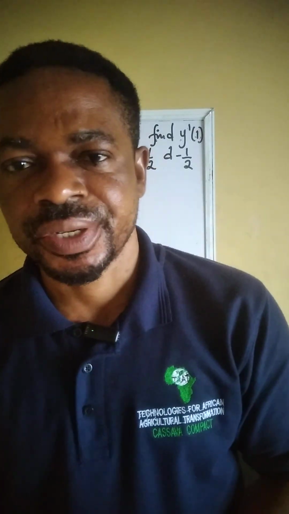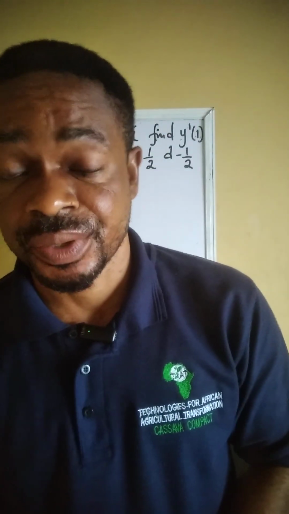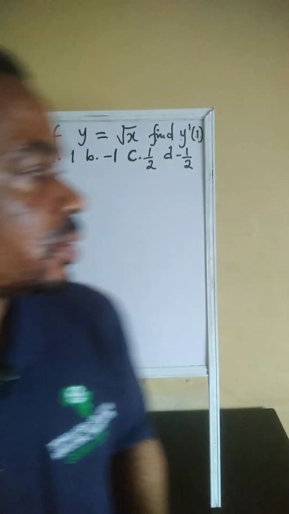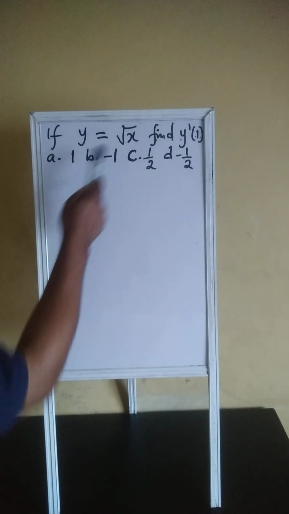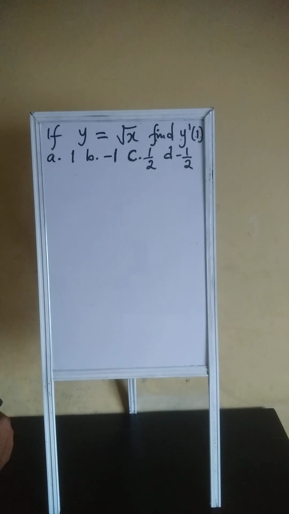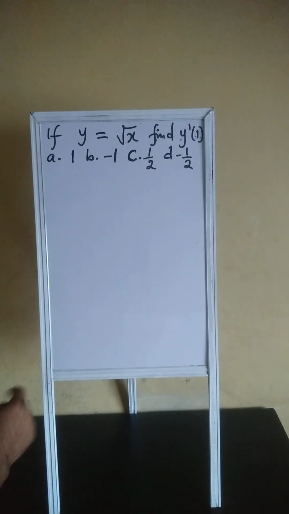Now we are going to continue with differentiation again, and I want you to pay attention to this very particular word question. Watch and cue in. Let's go. Take a look at this question very carefully. The question says that if y is square root of x, find y prime of 1.